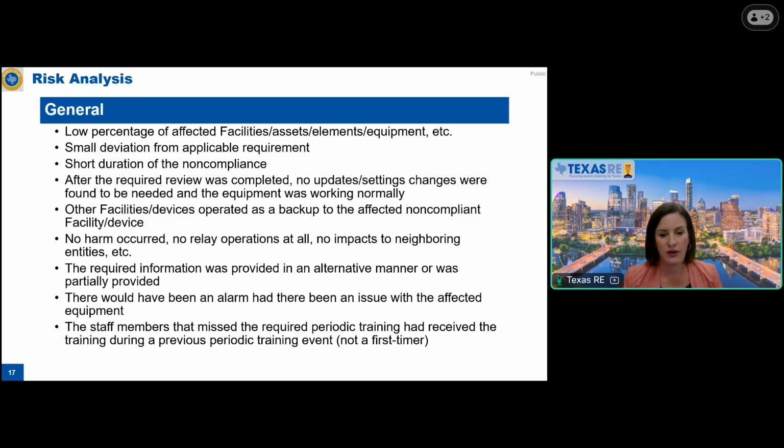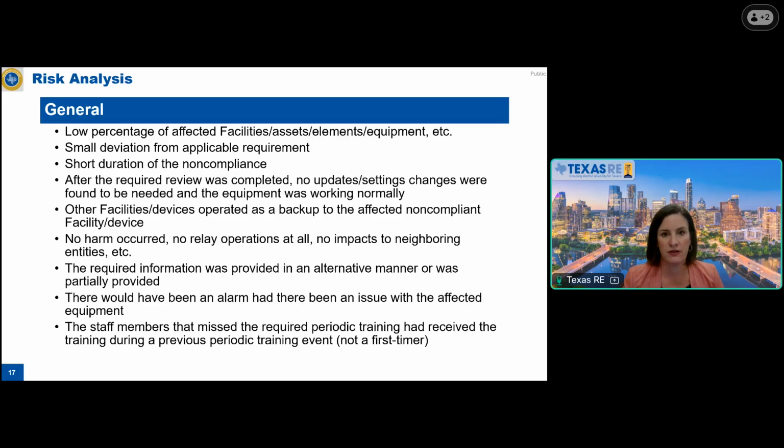We're going to ask you how many of your assets or elements were impacted, and then we're going to need to know in every case how many of that type of asset or element you have overall. For example, if 5 out of 100 of your elements went down, that's not nearly as bad as if you had 8 out of 10. That's all going to play into the risk analysis.